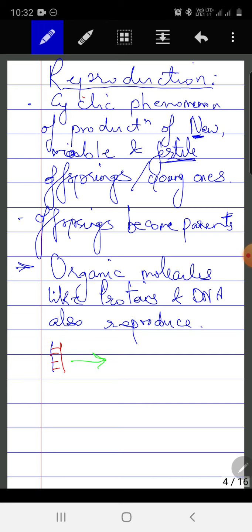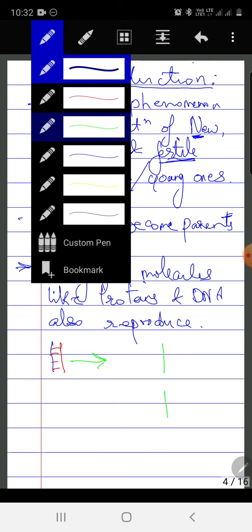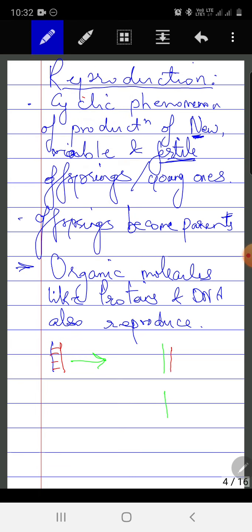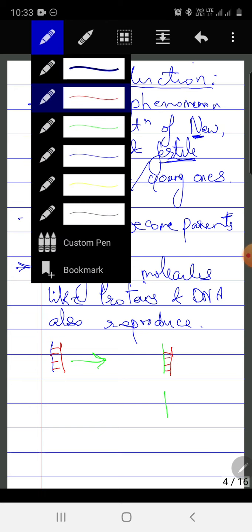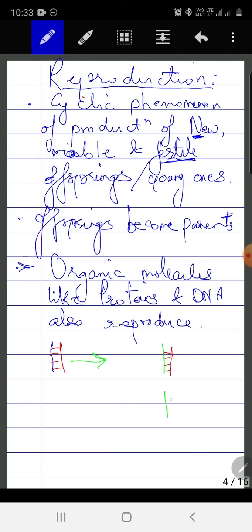Now these two strands separate in such a way, can you see what is happening? These two strands got separated. Now this strand is here and this strand is here.